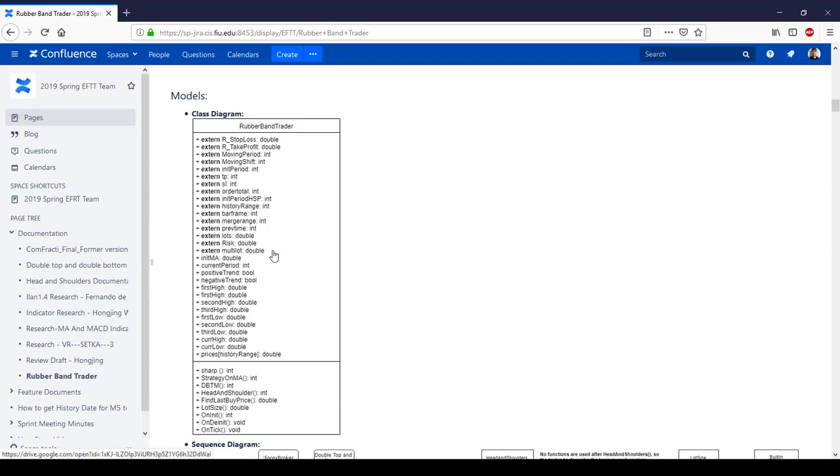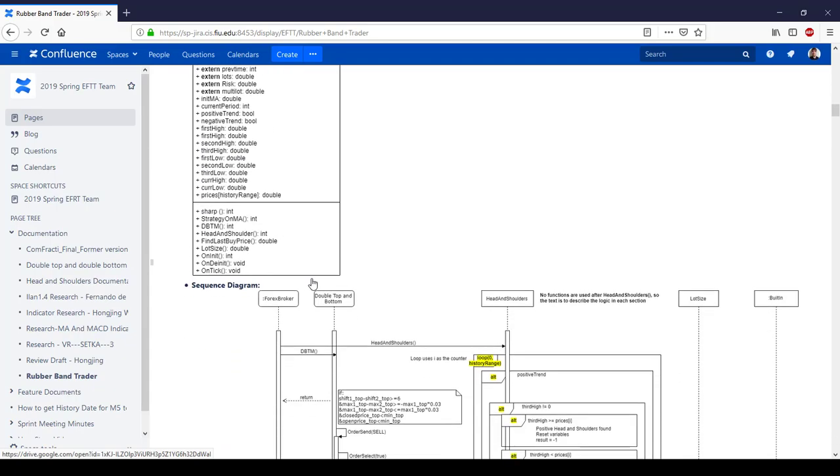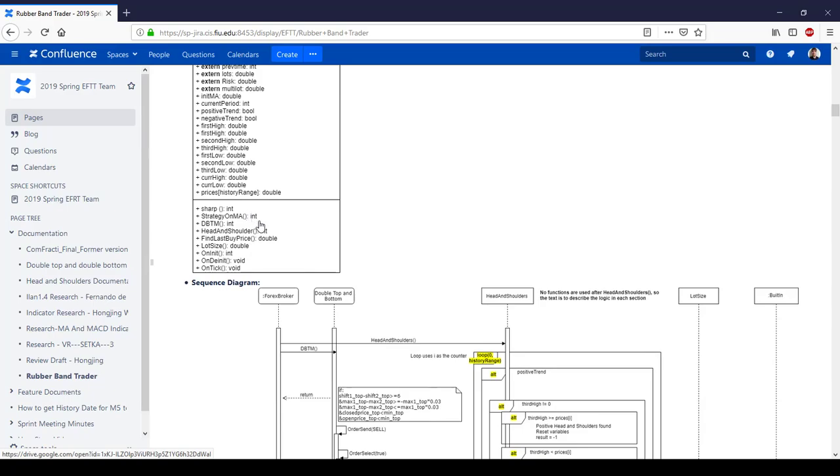These are the external variables for each of the algorithms and Rubber Band Trader itself, which can be optimized through MetaTrader. These are the internal variables that are used to handle and store some of the internal logic, and these are the functions to both use the algorithms and the algorithms themselves, with onTick essentially running everything after onInit.